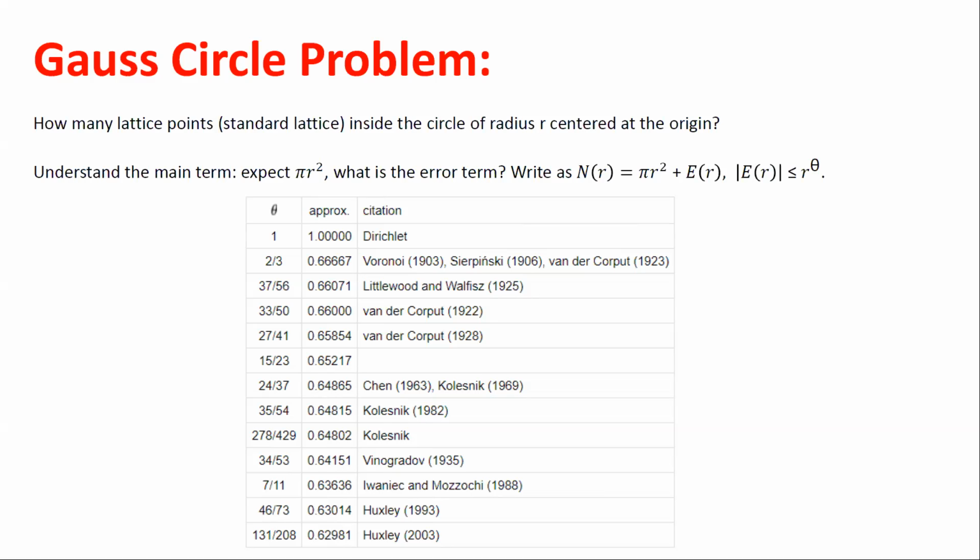And you leave theta as a parameter for all your calculations. And then in the very last line, you say, the best known value of theta is by so-and-so, who proved you can take theta equals whatever. And this way, if there is a mistake, you just go back to the previous one.